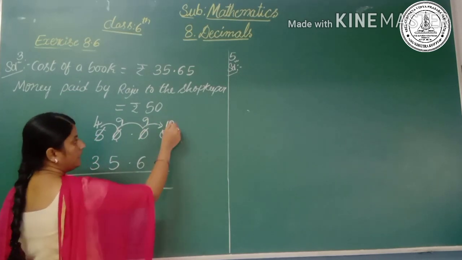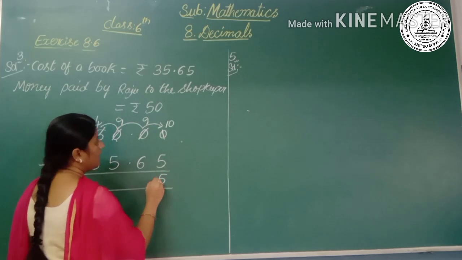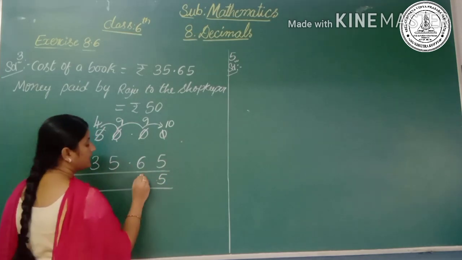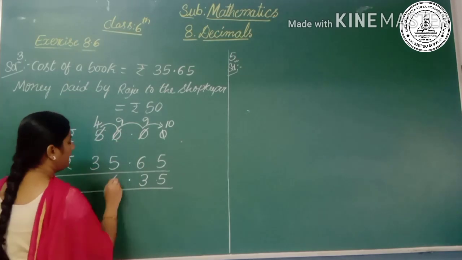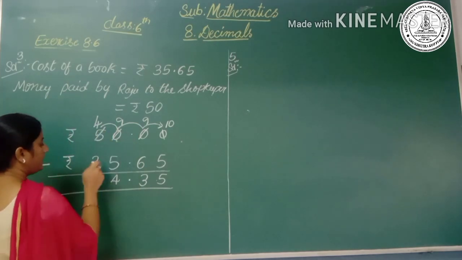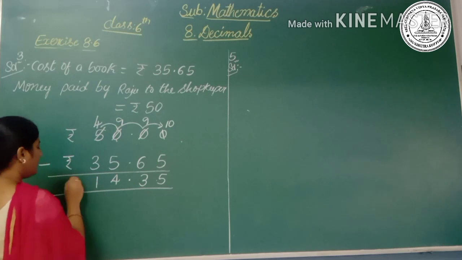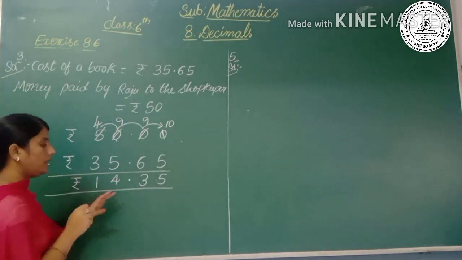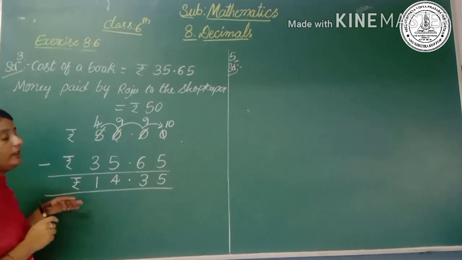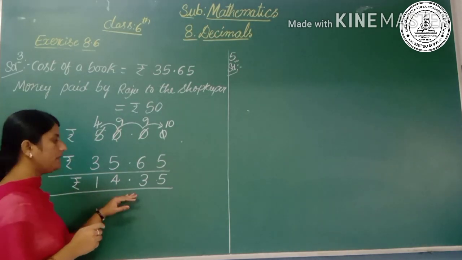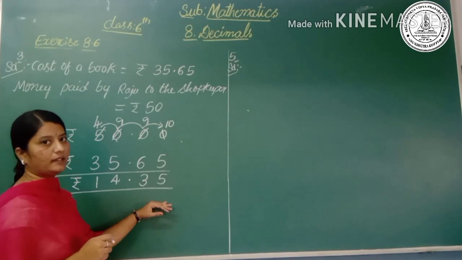Then subtract: 10 minus 5 is 5, 9 minus 6 is 3, and keep the decimal point. 9 minus 5 is 4, 4 minus 3 is 1. So he will get back 14.35 rupees. The shopkeeper will give him 14 rupees 35 paise.